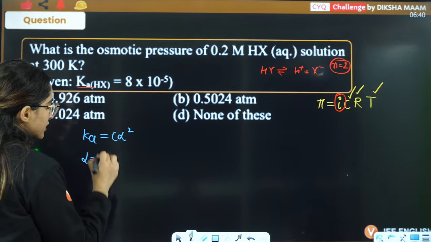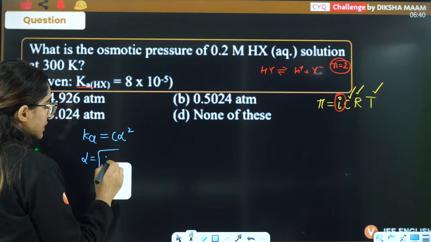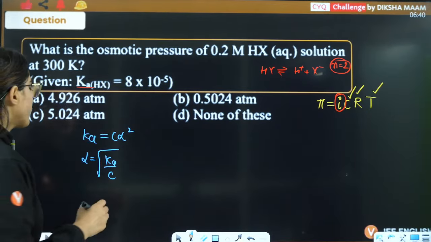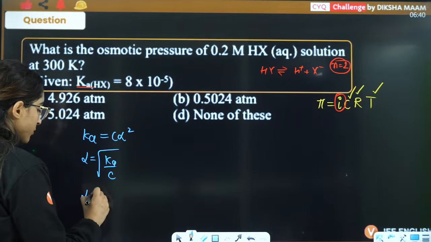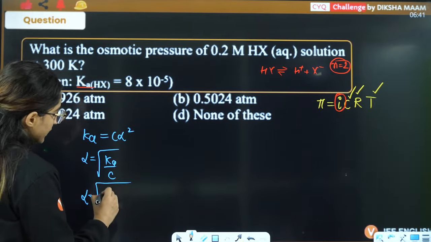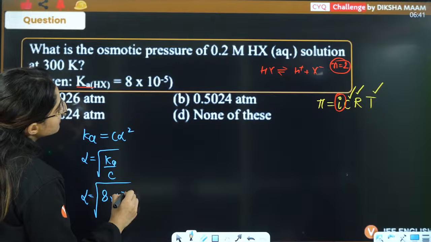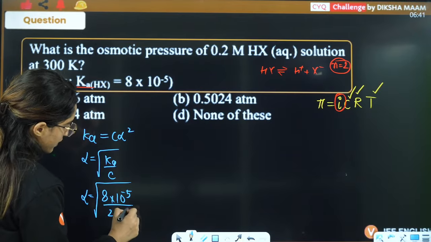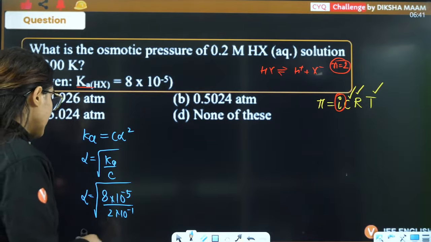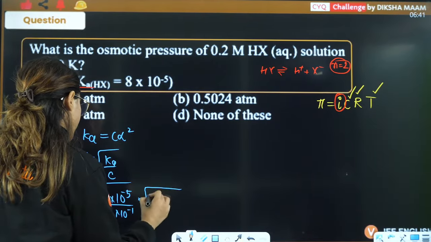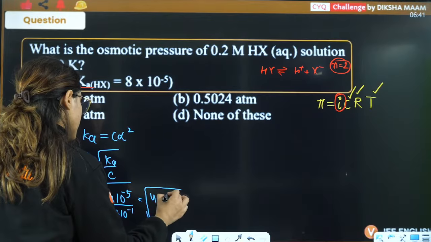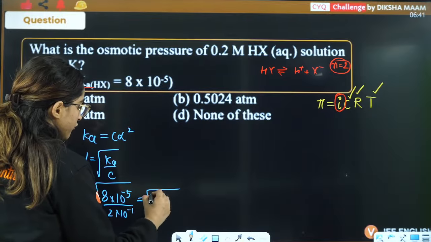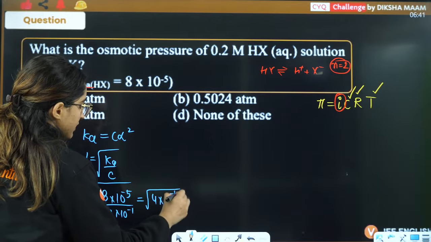Alpha is equal to the square root of Ka by C. Now Ka value you know, C value you know, so you calculate alpha from here. That is going to be 8 into 10 raised to power minus 5 divided by 2 into 10 raised to power minus 1, and that is going to be 4 into 10 raised to power minus 4.